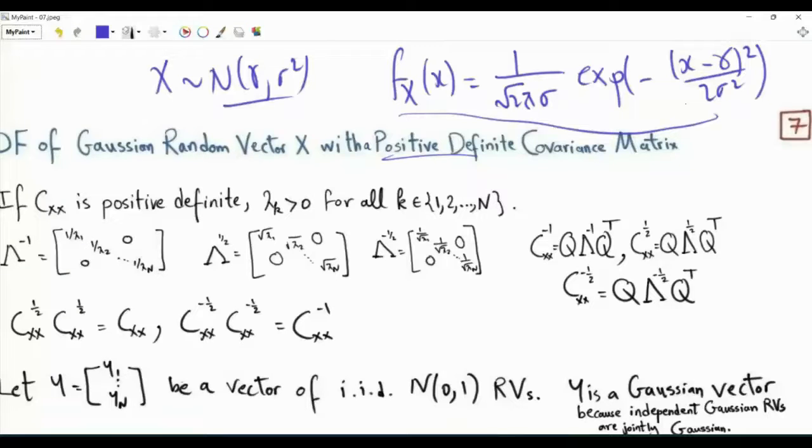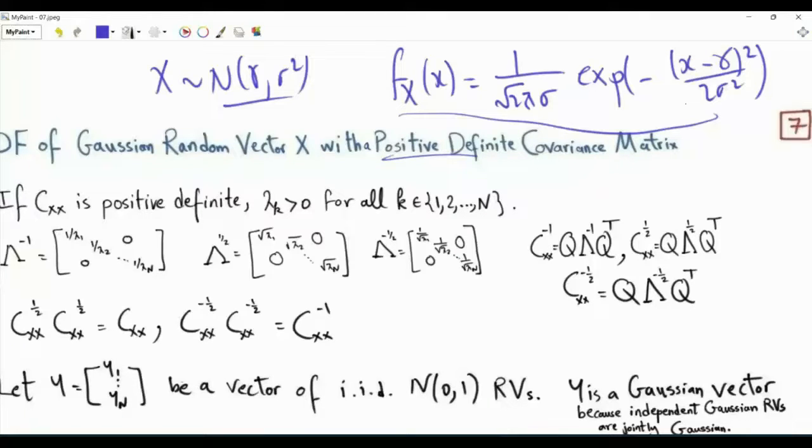The trick is to use the fact that if we have n Gaussian random variables that are independent, then they are jointly Gaussian.